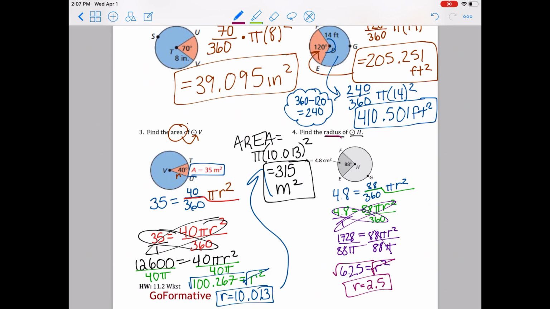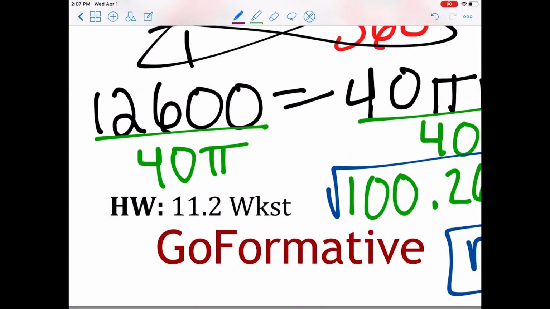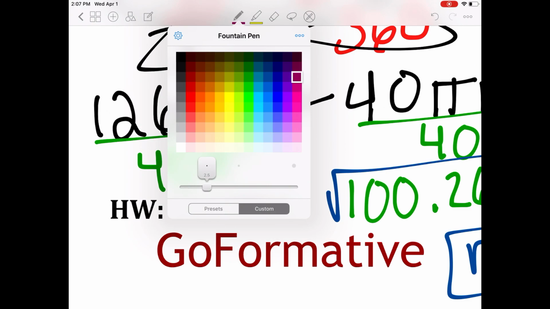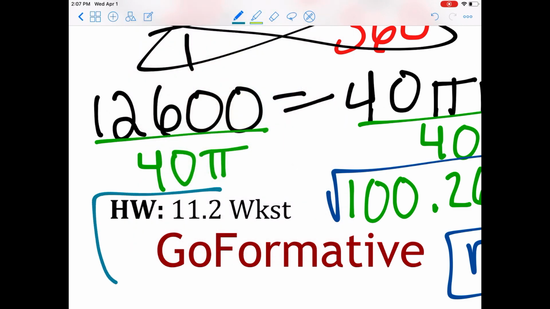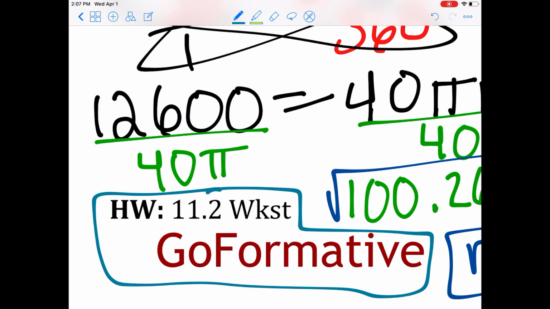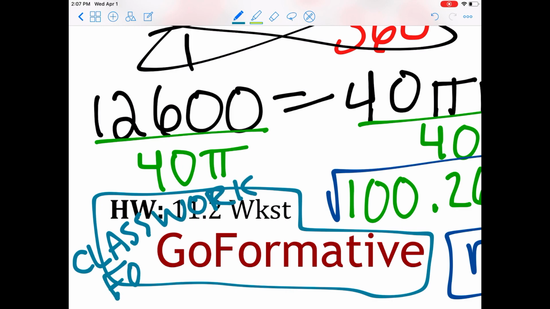Otherwise, down in the bottom left, surrounded by the amount of work, you have the homework. It is a Go formative, so it is not due today. This will be due, not due, classwork for, what day is it today?